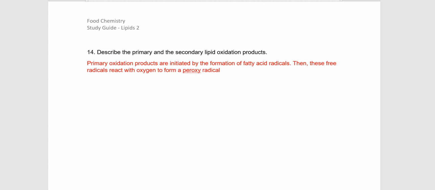And this peroxy radical has high energy. So due to the high energy of the radical, it can easily abstract hydrogen from the lipid molecule.